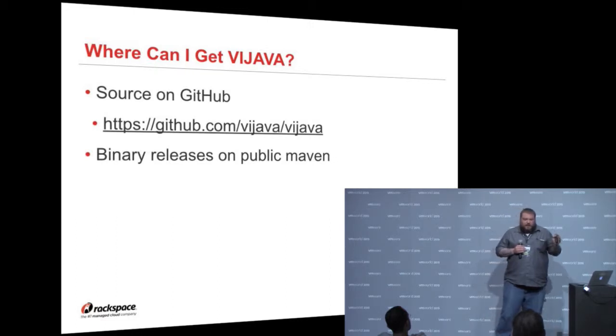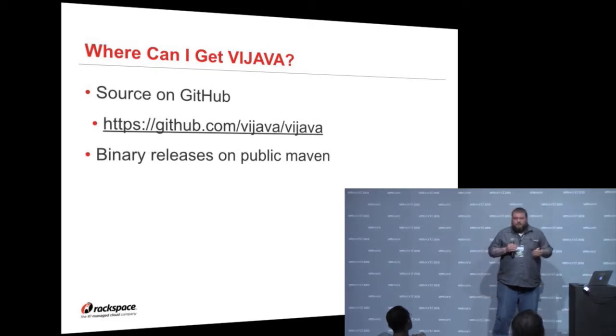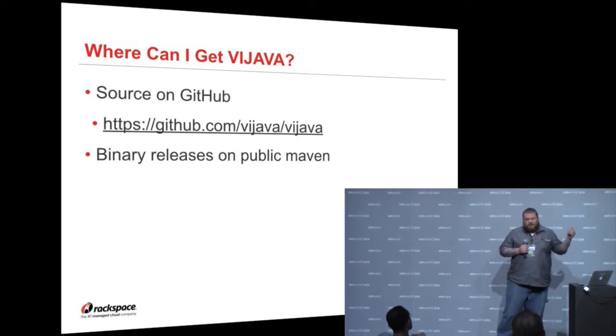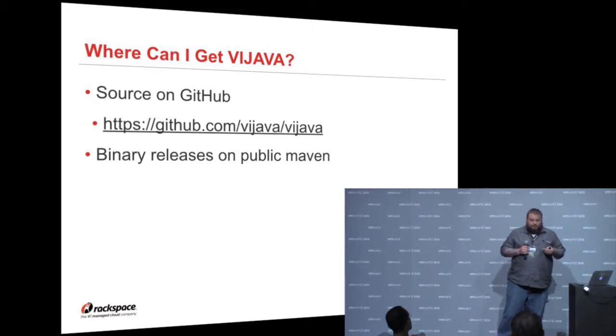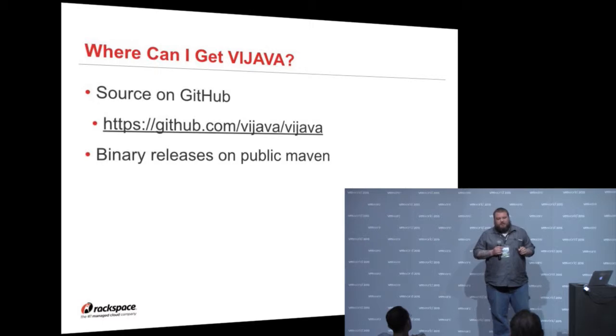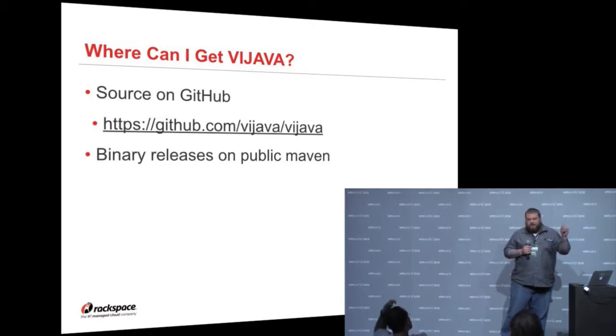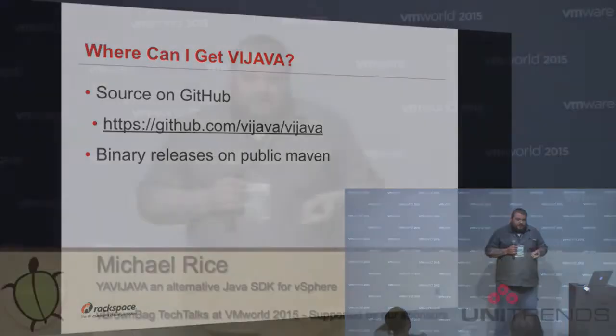And so you point it at the what's new documentation that comes out with the API, and it will pull down all of that HTML, parse through it, find data objects, fault objects, enums, everything except for the managed objects right now, and it will just generate all that Java code. Boom.